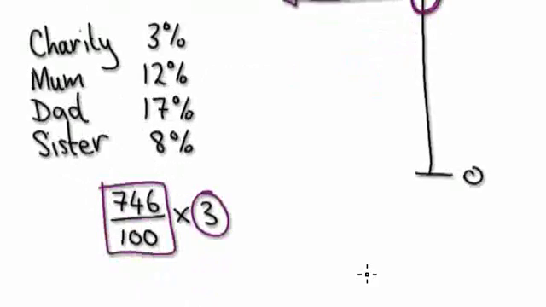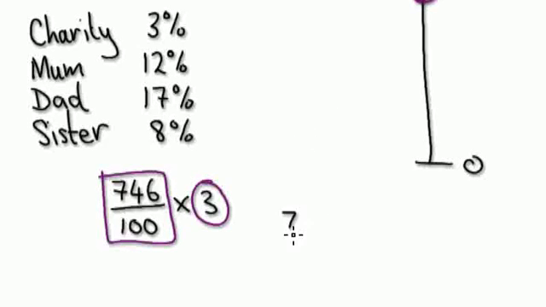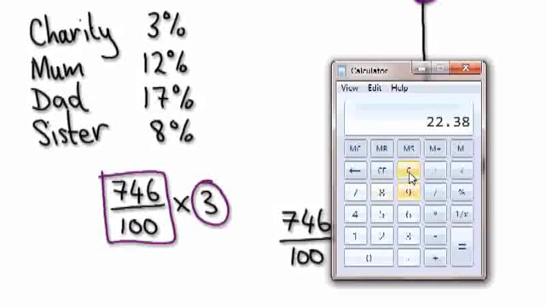So again, get your whole amount, 746. Cut it up into 100 pieces, and remember 12 pieces goes to your mum. So calculator, clear. 746, your whole amount, divided into 100 pieces, and 12 pieces goes to your mum.